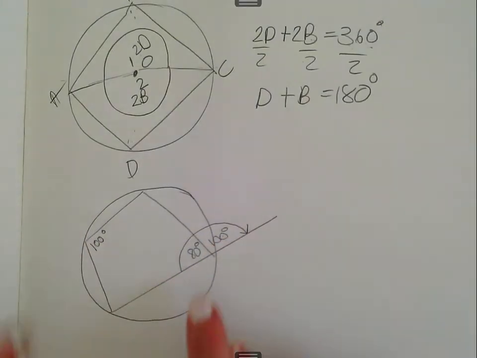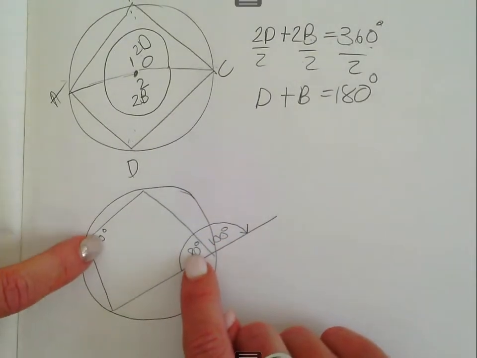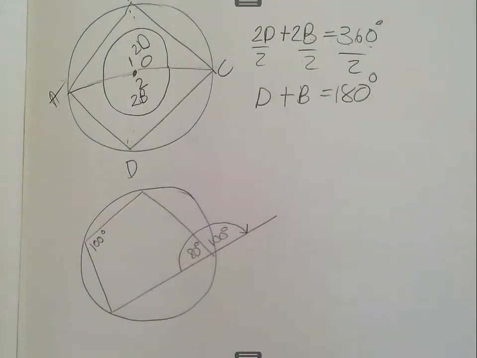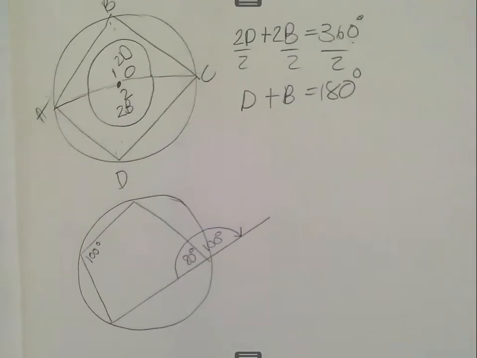The reason for that is these two are supplementary and these two are also supplementary. So those two must be the same. That's the 3 cyclic quad theorems. So equal chords subtend equal angles, opposite angles supplementary, exterior angle equal to the opposite interior angle. All happy with that? Okay.